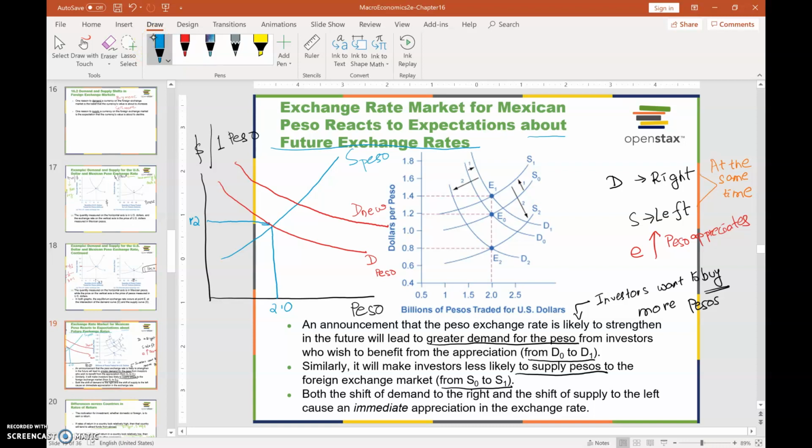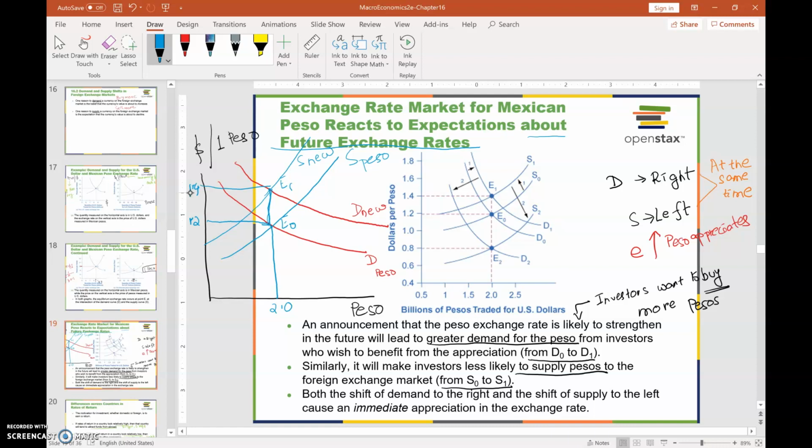Investors want to buy more pesos, and at the same time investors want to supply fewer pesos, so the supply curve for pesos is going to shift to the left. We are going to have another point of intersection at E1, and the new exchange rate is $1.4 per 1 peso.